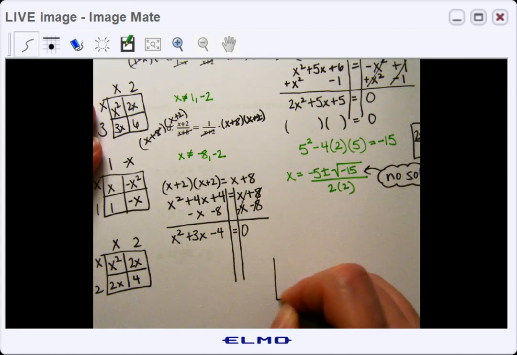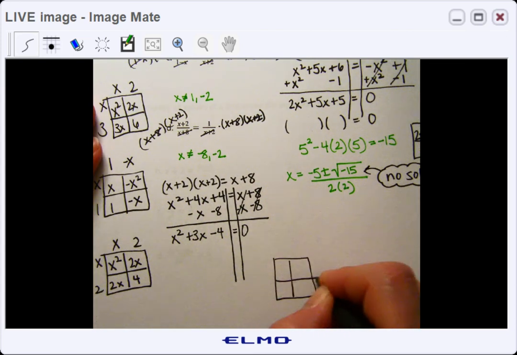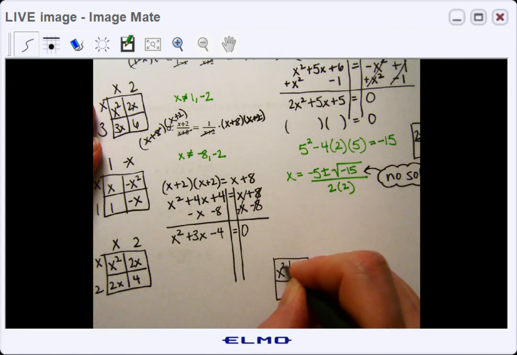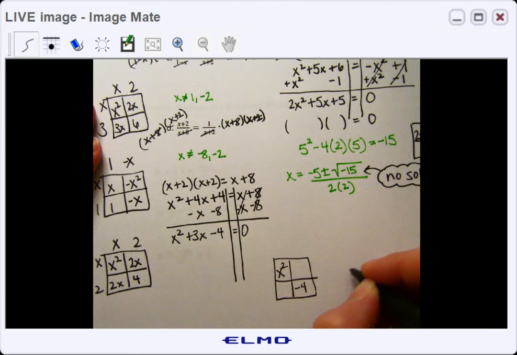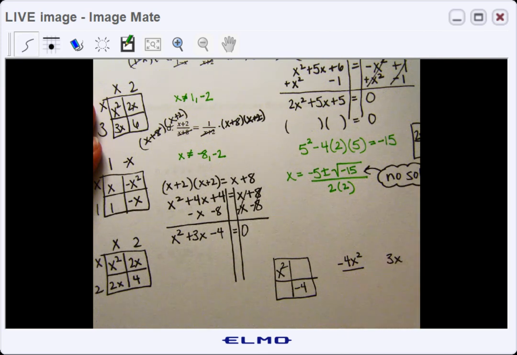So use my little factor box. The x squared goes here, the negative 4 goes here, and then if you multiply them together, you get negative 4x squared. So we're looking for numbers that multiply to negative 4x squared and add to 3x.